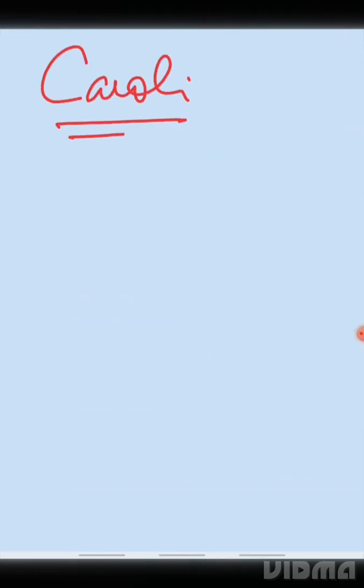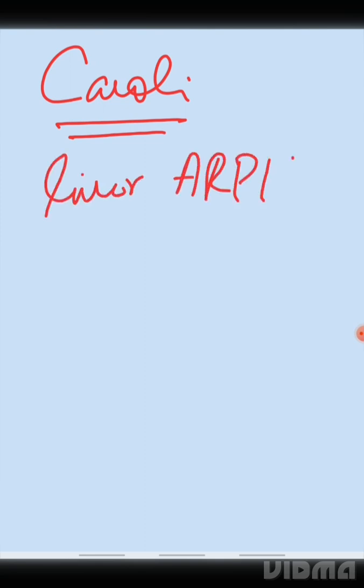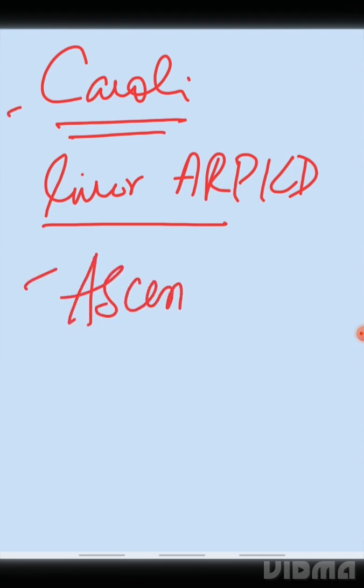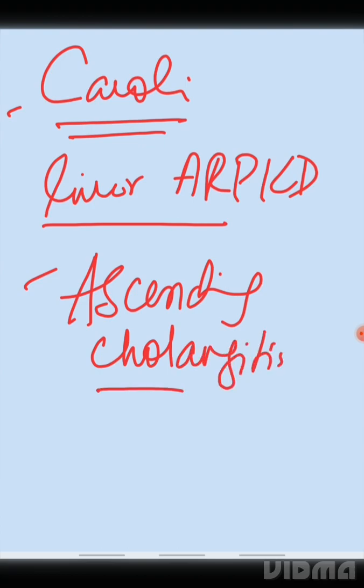So Caroli syndrome is basically a sequela of liver involvement in ARPKD. Moreover, it can also present with complications like ascending cholangitis if there is on and off inflammation in the biliary tree.